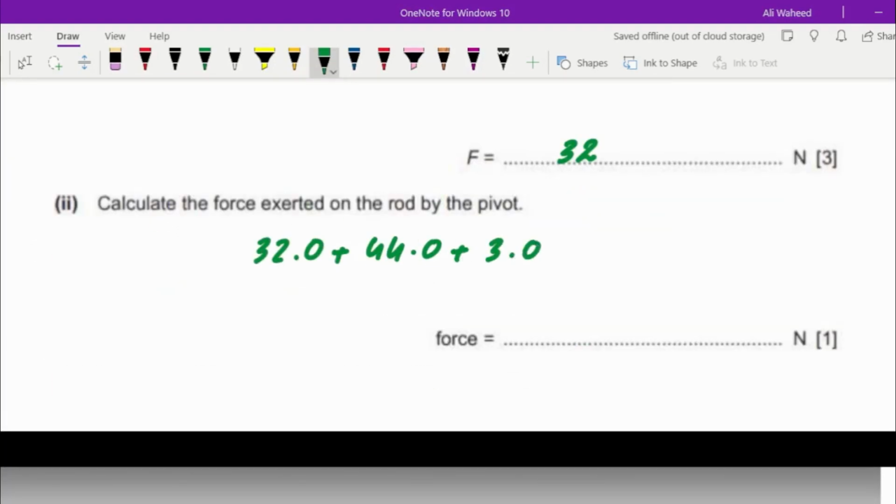Okay, so you add it, hit it on the calculator, you'll be getting 79, in 2SF. So this is the force that the rod is exerting on the pivot, and then in return the pivot would exert the same force on the rod, in accordance with Newton's third law of motion.